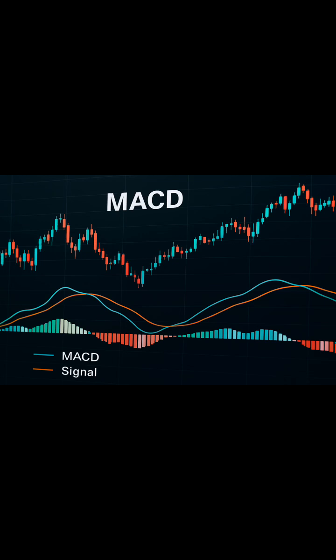Another method involves setting predefined profit targets and stop-loss levels based on risk tolerance and market conditions. For example, setting a stop-loss at a certain percentage below the entry price and a take-profit level at a multiple of the risk can help manage risk and lock in profits. It's essential to adapt exit strategies to individual trading styles and market dynamics.